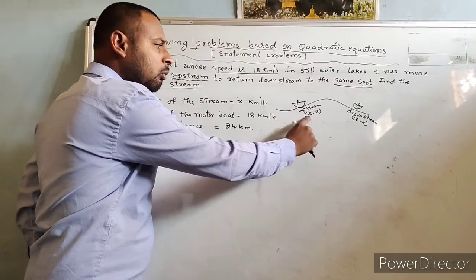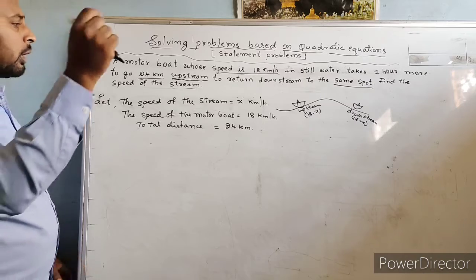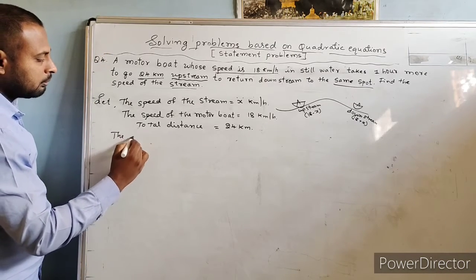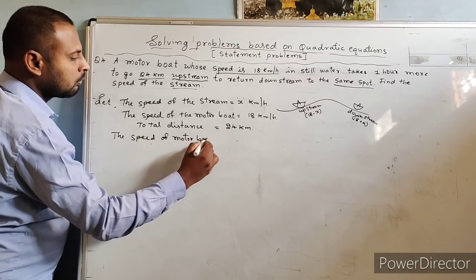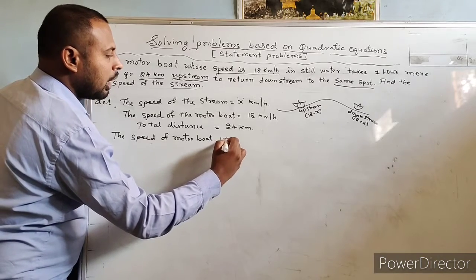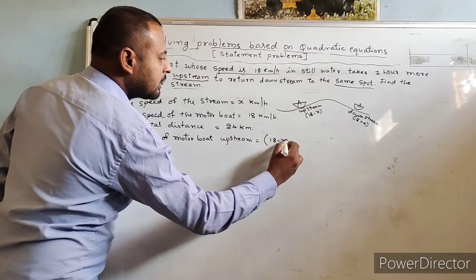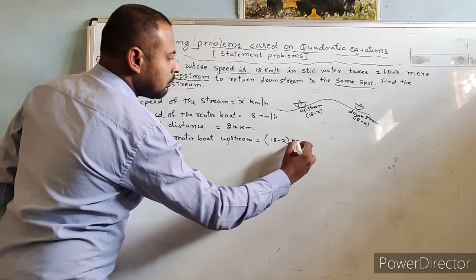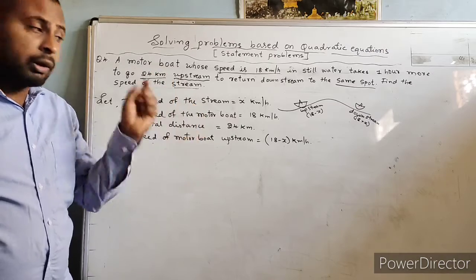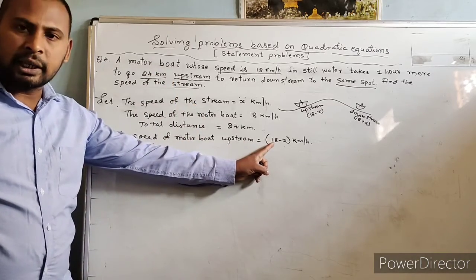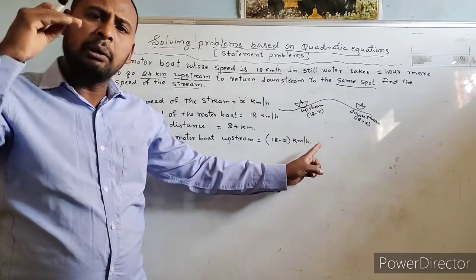What we can take is 18 minus x kilometer per hour, because in case of upstream the speed decreases.